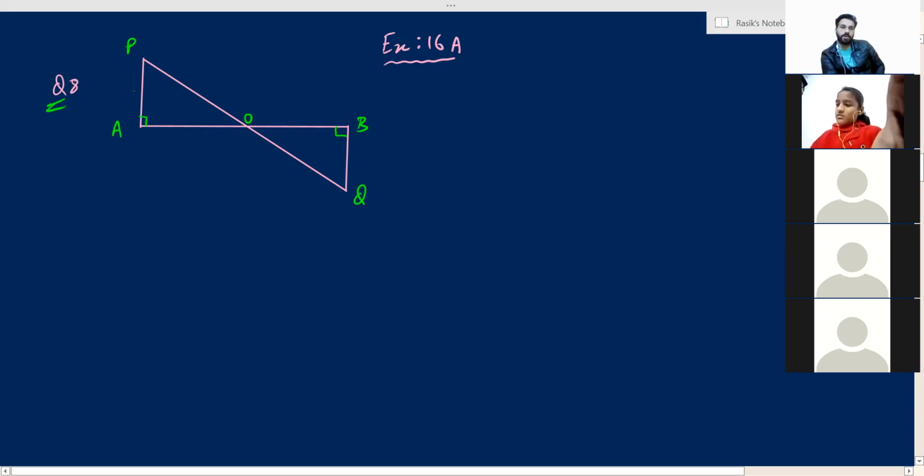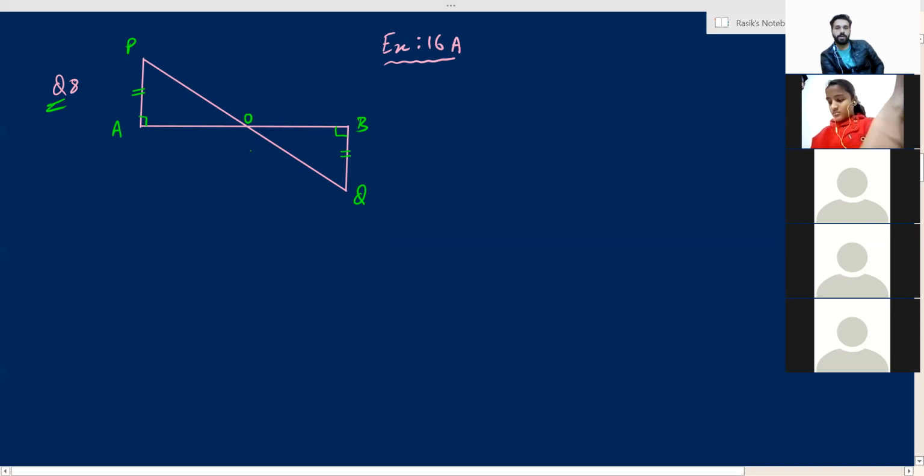Okay. Beta, all of you, two things are given in the question. First is that angle A is 90, angle B is 90. And second thing, PA is equal to BQ. Now you have to prove that these two triangles are congruent. Triangle PAO is congruent to triangle QBO.